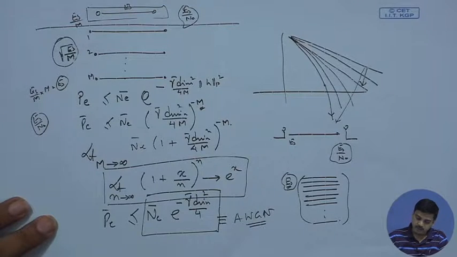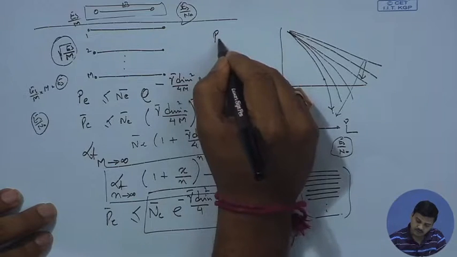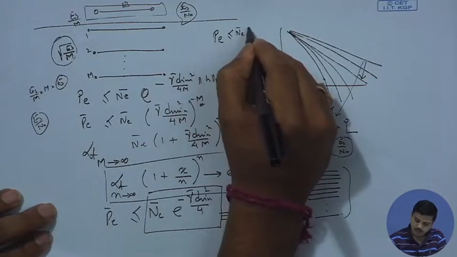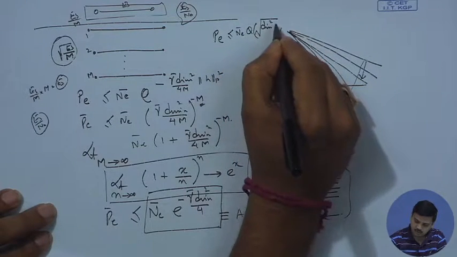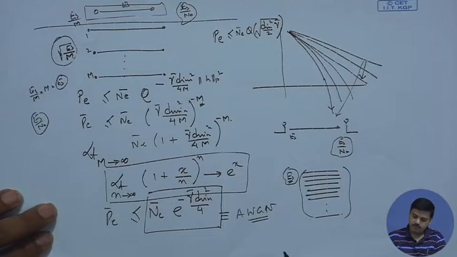And you can clearly see this because we started off with Pe less than or equal to Ne bar Q of root of d mean squared gamma bar by 2. This was the expression that we started with.